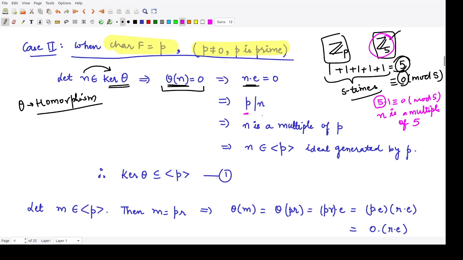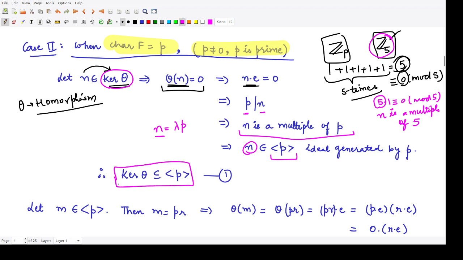So here also P divides n, or we can say n is a multiple of P. So if n is a multiple of P, we can write n to be some number times P, or we can say n belongs to the ideal generated by P. So some element n, which was present in the kernel of θ, now belongs to this ideal generated by the prime number P. So we can say the kernel of θ is a subset, not subfield, of this ideal.